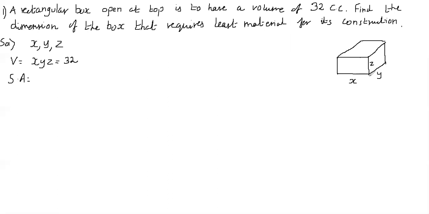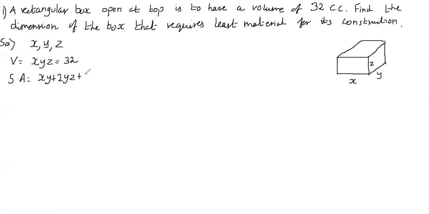So what is the bottom surface area? That is the surface below, that is xy. And the side surfaces are yz, one, and the other side will also have the same, so this will be plus 2yz.